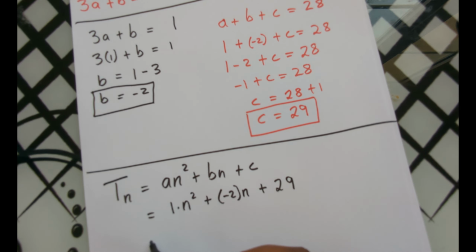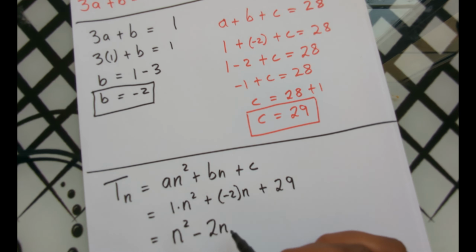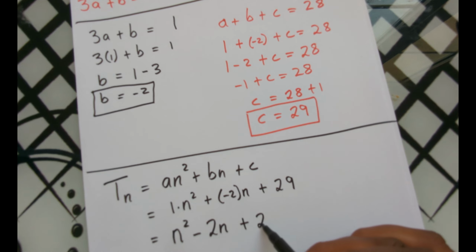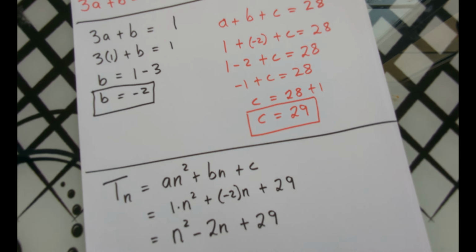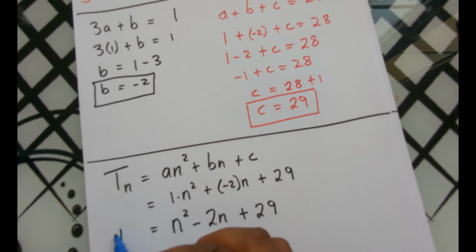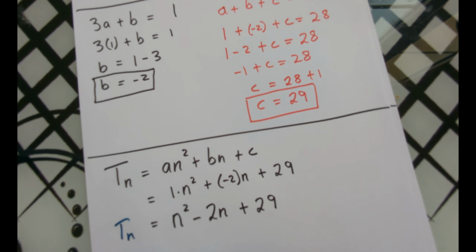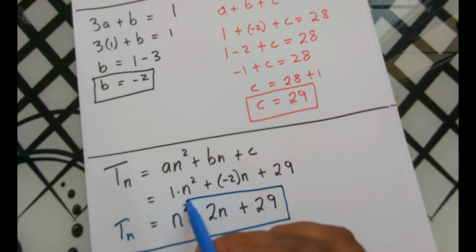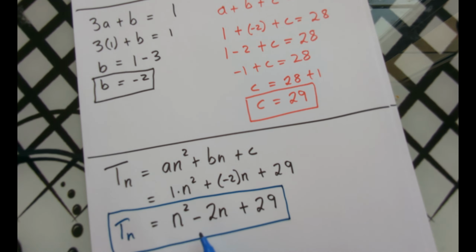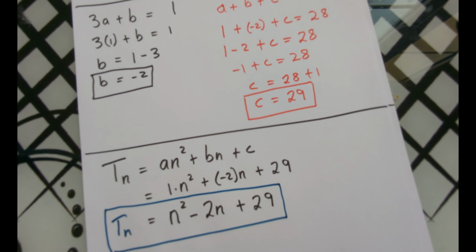Let's simplify it, this becomes n squared minus 2n plus 29. So this is the general term of our quadratic pattern: n squared minus 2n plus 29. That's it for question 2.2.2.